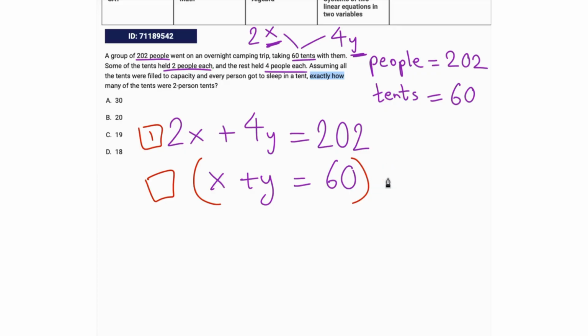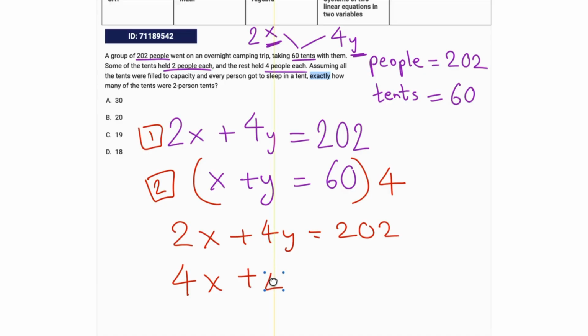Instead of 2, if we multiply by 4, similarly, we'll have 2x plus 4y equals 202. 4x plus 4y equals 240, because 4 times 60 is 240.